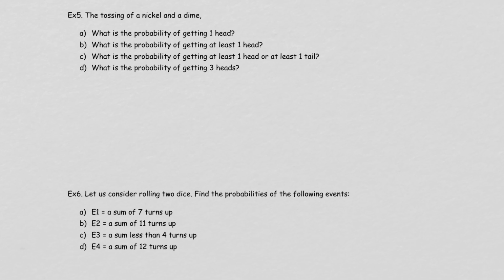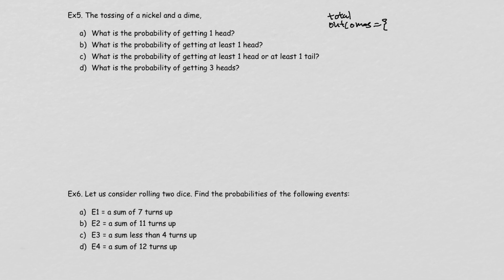Example 5. Tossing a nickel and a dime. So you're tossing 2 coins. Again, we wanted to find the total outcomes first.